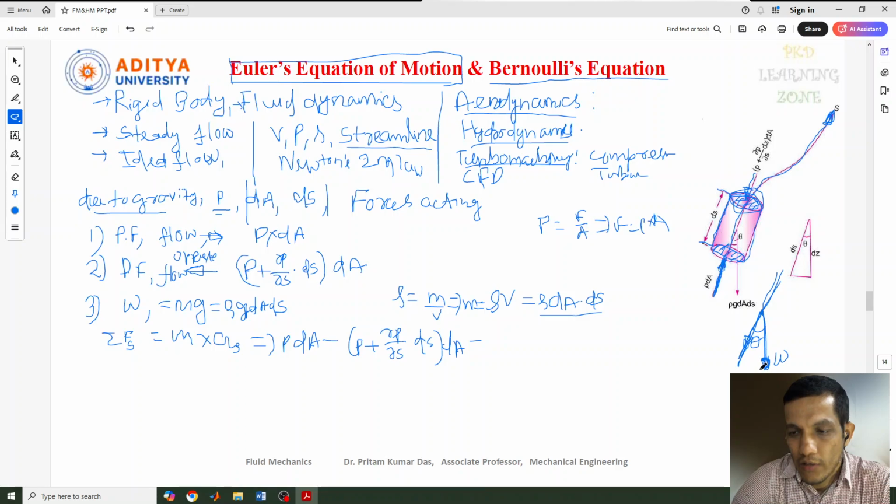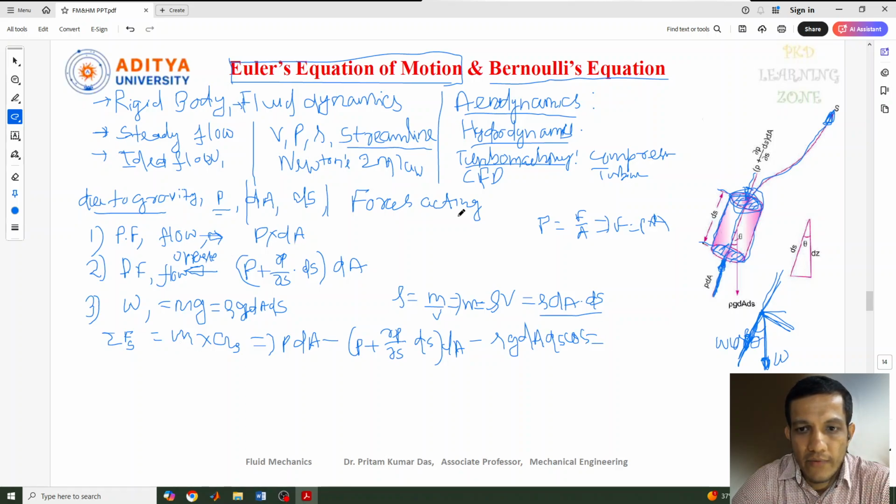So now if I resolve the weight of the fluid in the direction of flow and perpendicular to it, that means x direction and y direction, I need to consider W cos theta here. So I can write minus rho g dA ds cos theta equal to mass into acceleration.